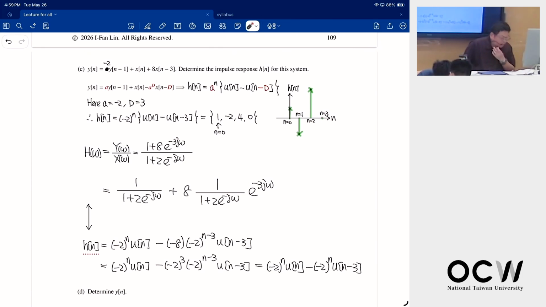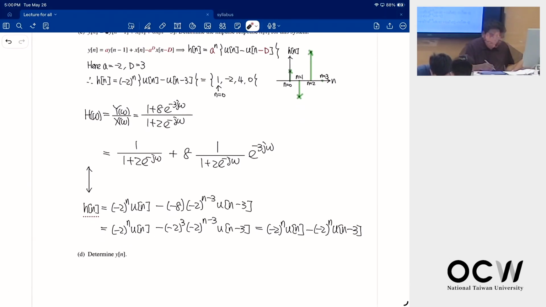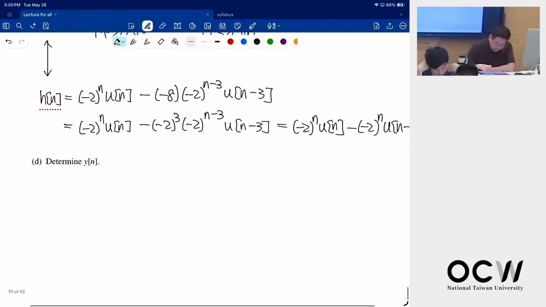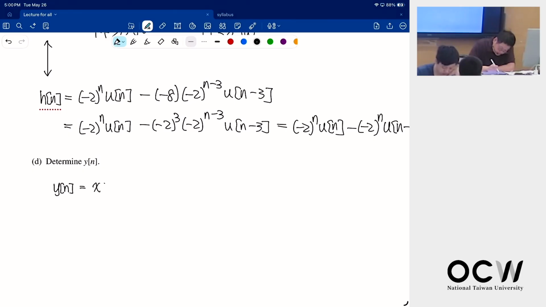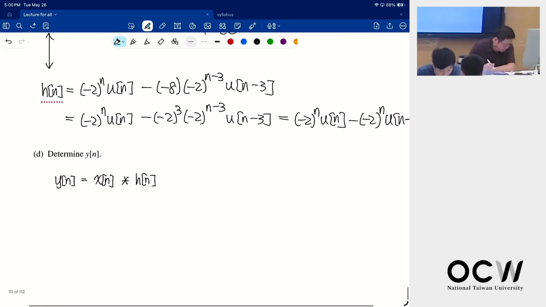Now we can determine y, the output. Since we have the impulse response h and also our input signal x, when we do the convolution, we will get the output y. So y is x convolved with h. And what is x?